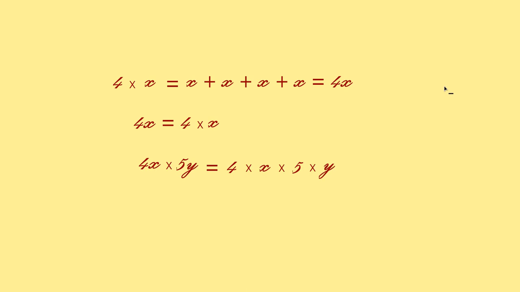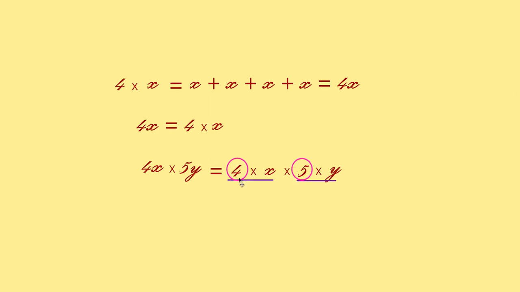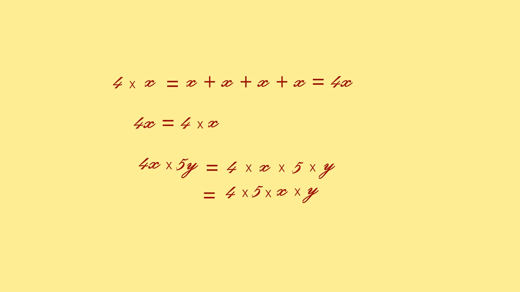Now let us find out 4x into 5y. To factorize, 4x means 4 into x, 5y means 5 into y. Here 4 and 5 are the numerical factors. We can multiply the coefficient of the first monomial into the coefficient of the second monomial, that is, we multiply 4 into 5, then the algebraic factors of the first monomial and the second monomial, that is x into y.